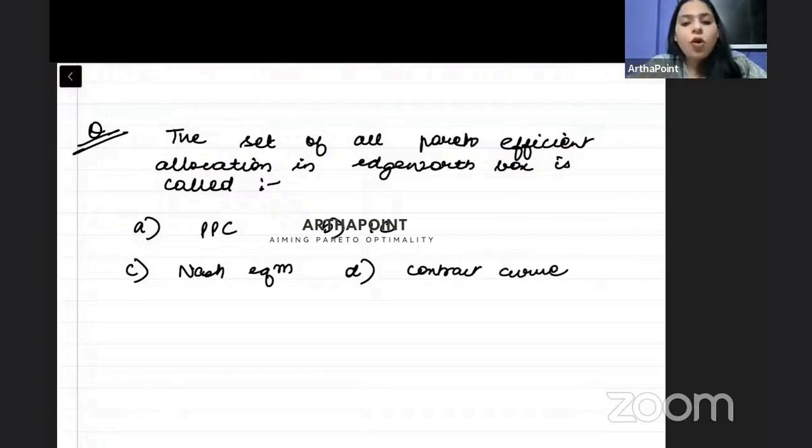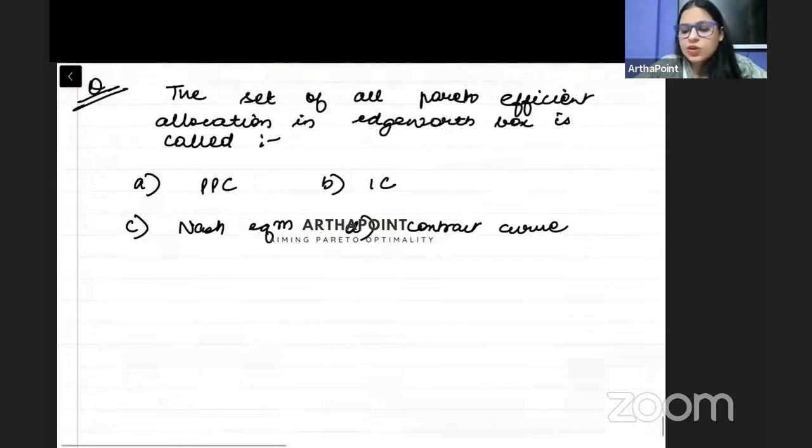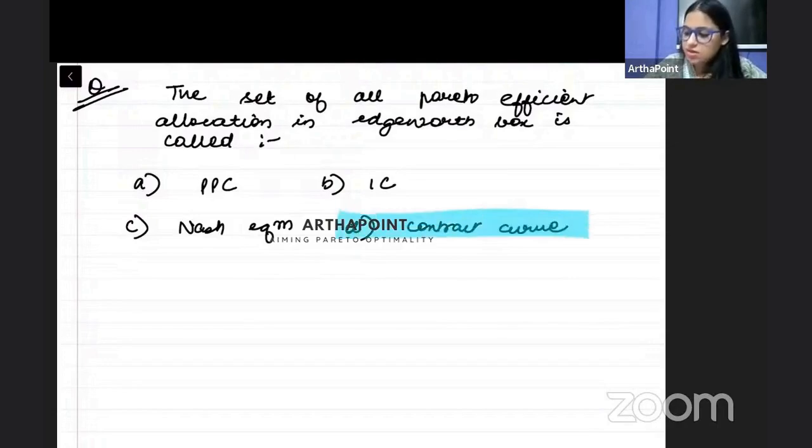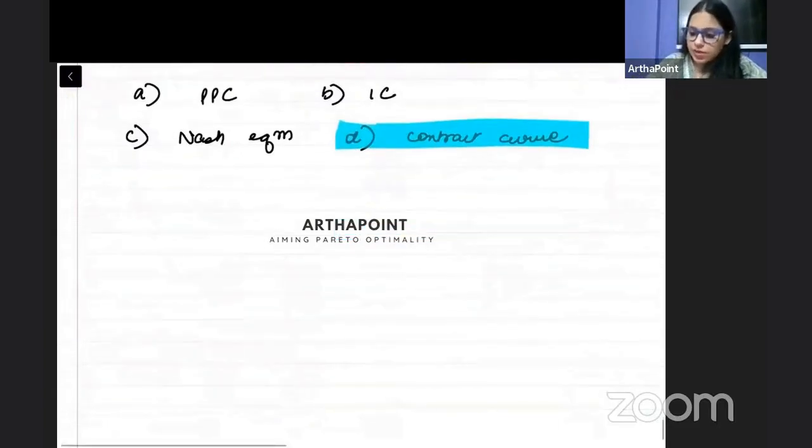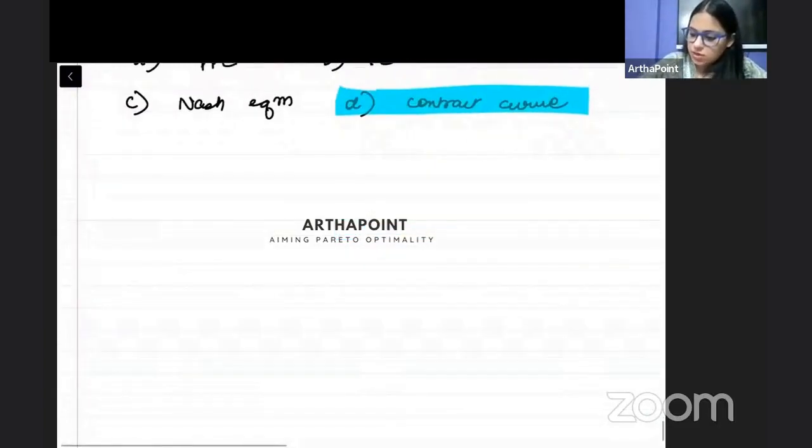The set of all Pareto efficient allocations are called as, क्या बोलते हैं उनको? हम set of all Pareto efficient allocations को क्या बोलते हैं? Absolutely correct option, correct answer, beta. So the set of all Pareto efficient allocations are actually known as the contract curve. इसको हम contract curve बोलते हैं. Right. Okay, beta, next question.